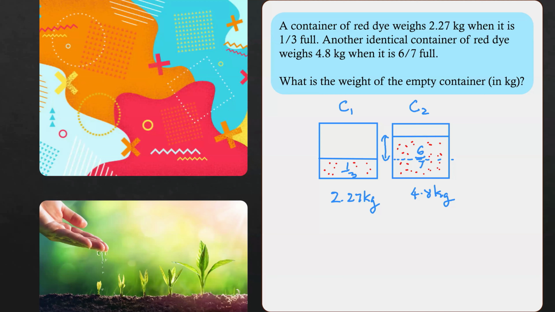So you have the difference in terms of the weight of the paint is 4.8 kilo. You subtract 2.27. Now that gives you the difference in terms of the weight of the paint. Now the difference in terms of the volume is going to be 6 out of 7, and you subtract 1/3.